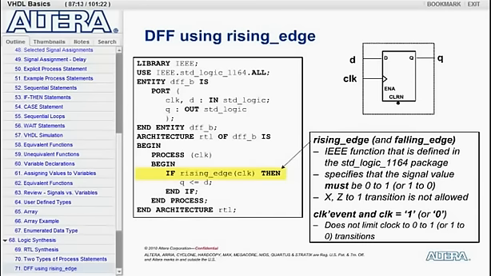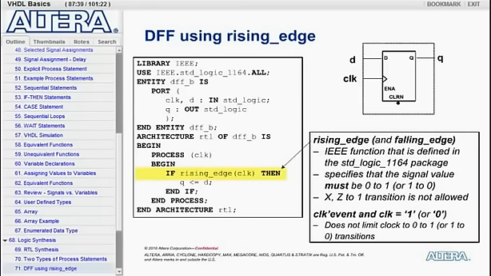As a note, I do want to point out that some designers, instead of using the rising edge function, will use the clock tick event and clock equals 1 phrase. What this says is that has there been a transition or event on the clock signal such that the result is 1, thus a rising edge clock. For a falling edge transition, you can say clock tick event and clock equals 0.